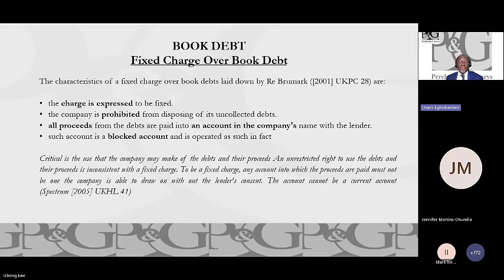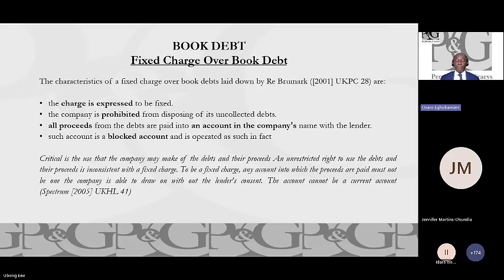How do you take a fixed charge over a book debt? This is very important. I think I would just go through it, but what I've done in the subsequent slide is to pick out a particular clause from documents that are floating around. Most banks have confidentiality with their documents, so this is a generic clause that I've picked out, not from any particular bank. But you will notice that most banks use similar documents, and that's not a bad thing.